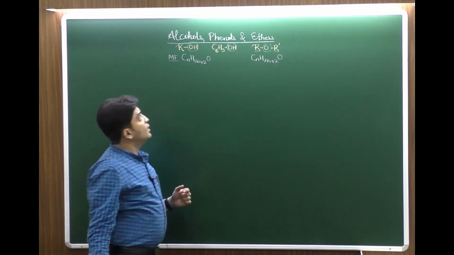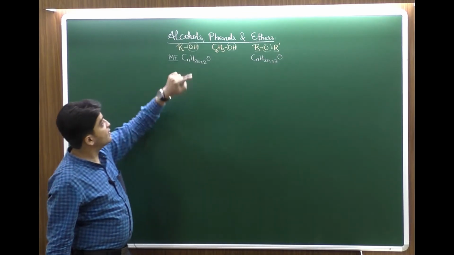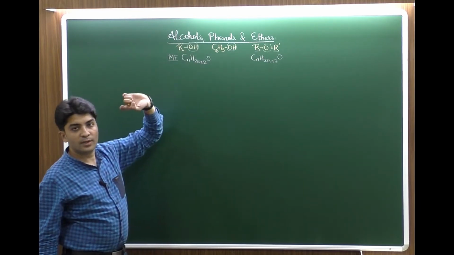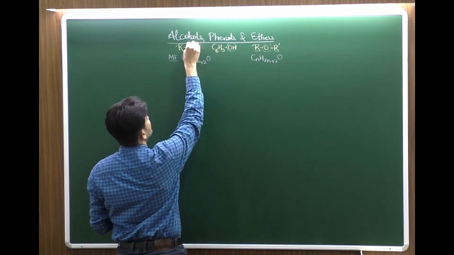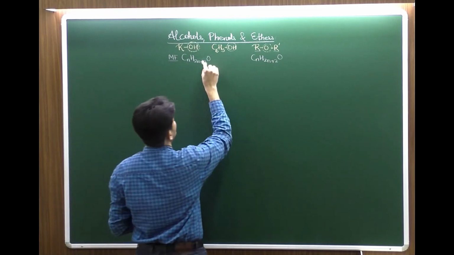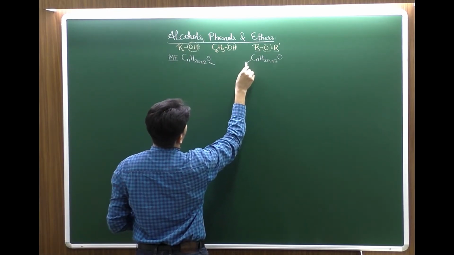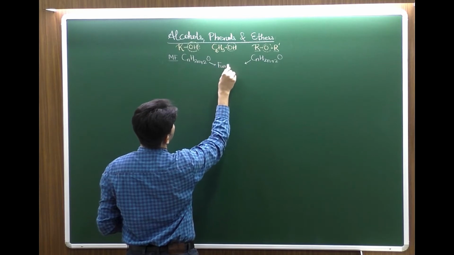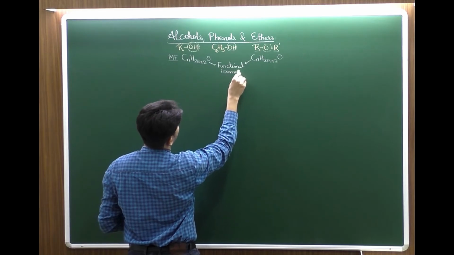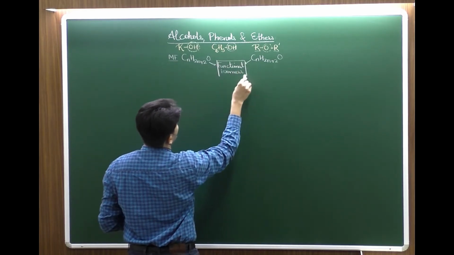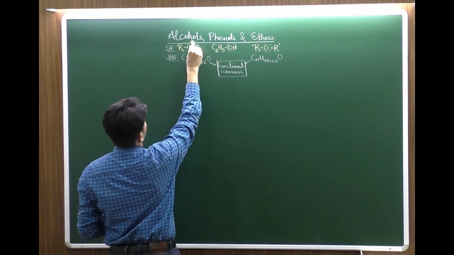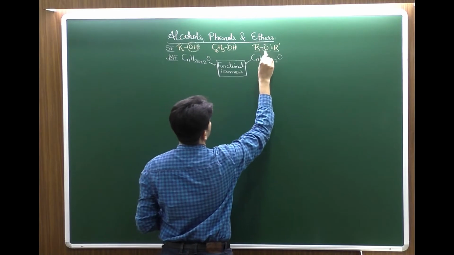Now if you observe, alcohols and ethers both have the same molecular formula but different structural formula, and the difference lies in the functional group. Hence, the relation we develop here is that alcohols and ethers are functional isomers, as they have the same molecular formula but different structural formula, and the difference is in the functional group.